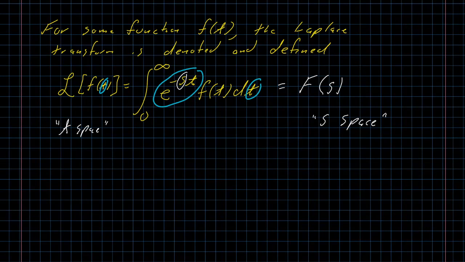Sometimes you'll see the idea of a transform, like the Laplace transform, talk about taking a function in t space and mapping it into a function in s space. Speaking again generally, a transform like this is taking a function in one variable and turning it into a function using a different variable.